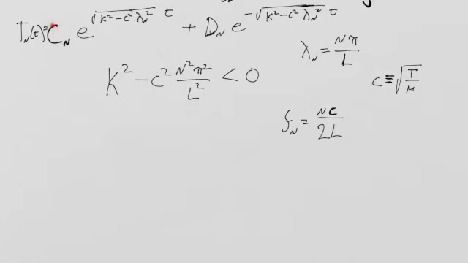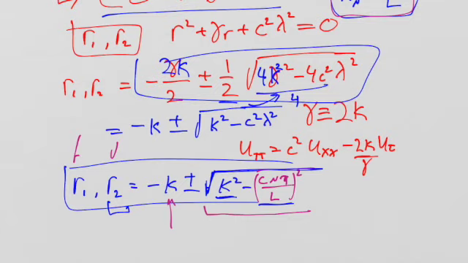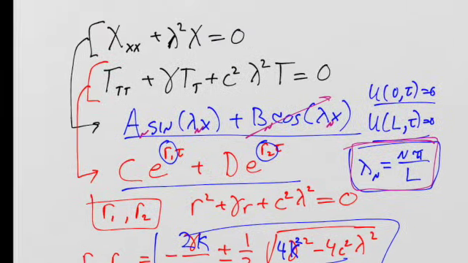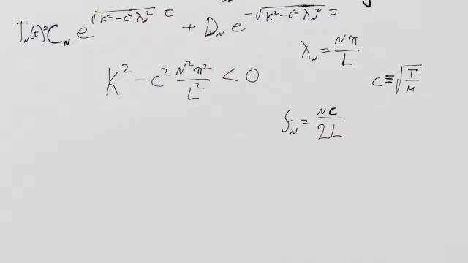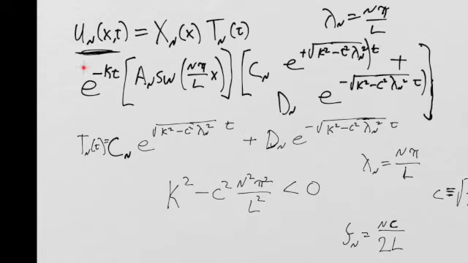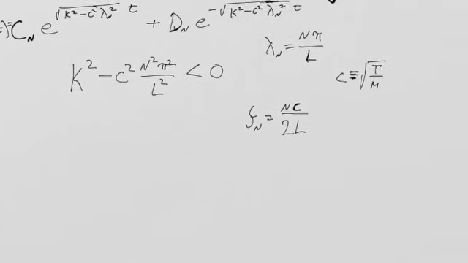So Cn would have to be 0. That would drive Cn to be 0. And for the negative one, it would decay, and it would contribute even more to the damping you're expecting with K all by itself.